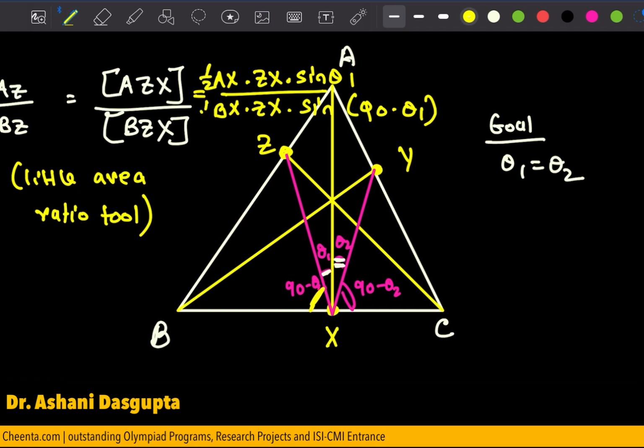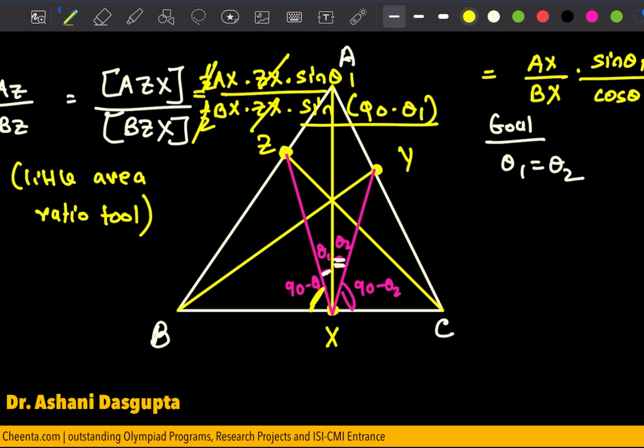Half and half will cancel off, ZX and ZX will cancel off. So we have AX over BX times sine theta 1 divided by sine of 90 minus theta 1, which is cos theta 1, right?